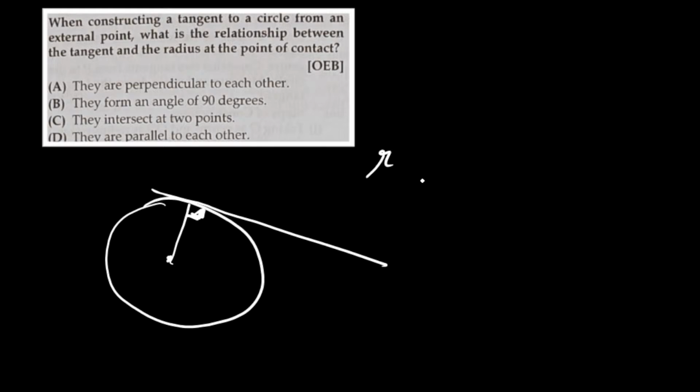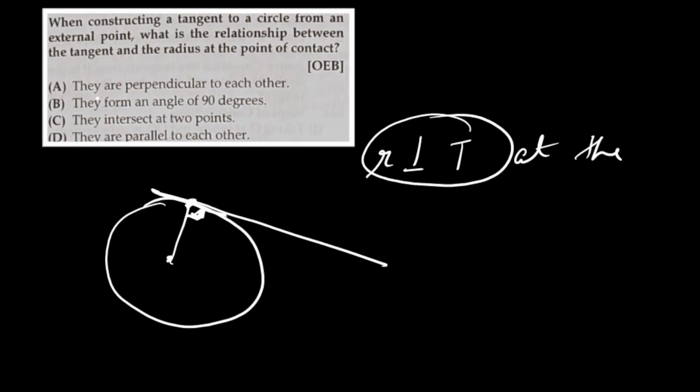So here is the point of contact of the tangent. So they are perpendicular. So option A as given by Nikita, Jayashree and Shreyasi. Let's do next question now.